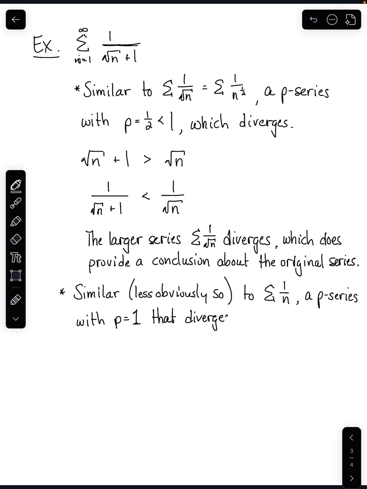Now again, it's not the fact that the original series diverged that was a problem, it was the fact that it diverged and was larger. If we can show that with this divergent series that it is smaller, then we're okay.